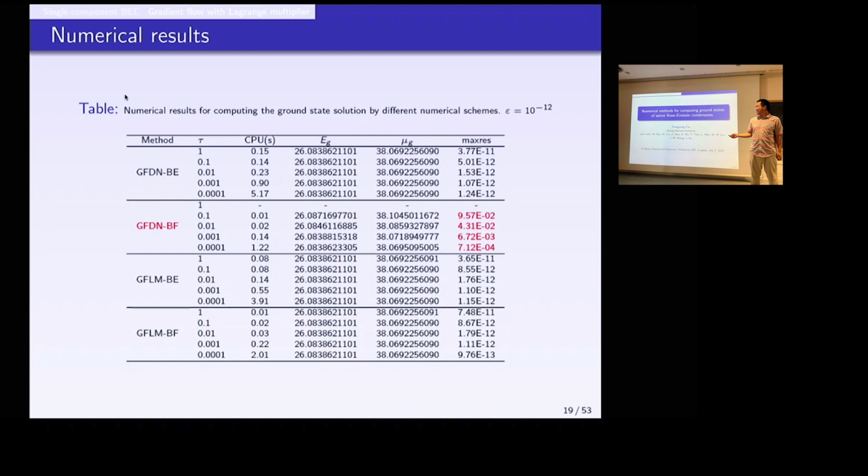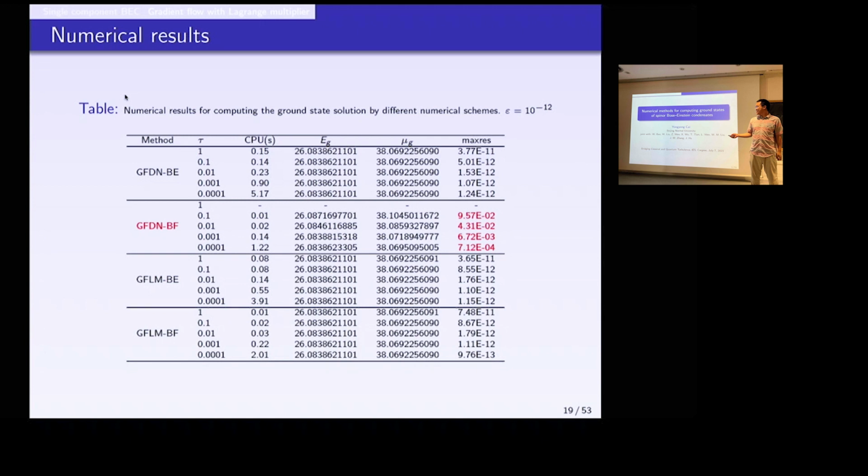So this is the method with the backward Euler discretization, but with implicit-explicit treatment on the nonlinear term. You will see that the residual is consistent with the stopping criteria.